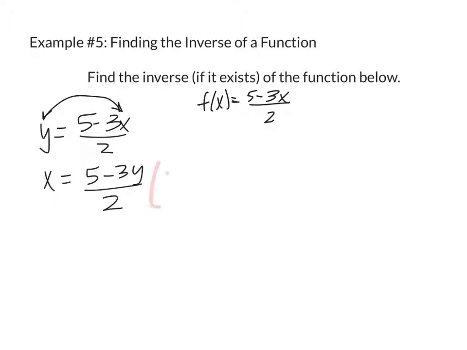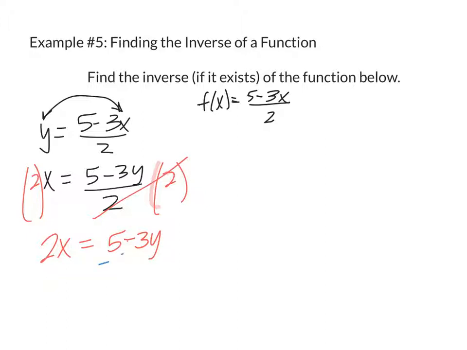We're going to start by multiplying by 2 on both sides. The 2's are gone. We're left with 2x equal to 5 minus 3y. Then the next step is to continue to get y by itself, so we're going to subtract 5. So we're left with 2x minus 5 equal to negative 3y.